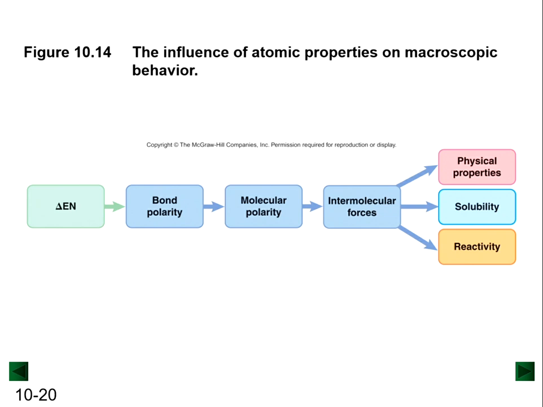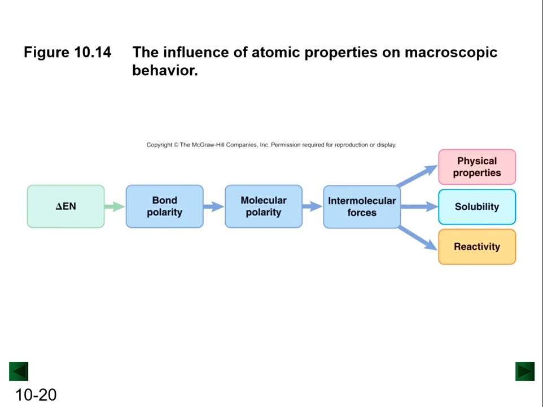Finally, we'll see that we can use these molecular structures that we've generated from VSEPR to predict some important properties of molecules. We start off with the simple idea of electronegativity difference, that's the delta EN. The electronegativity difference for 2 atoms that are bonded together gives us an idea of the dipole on that bond.